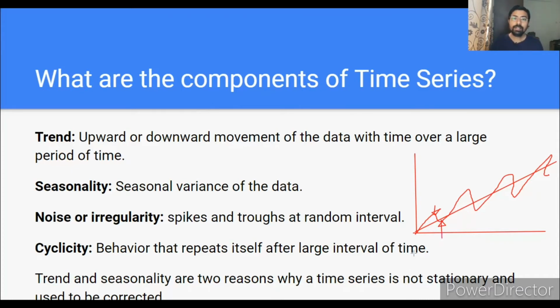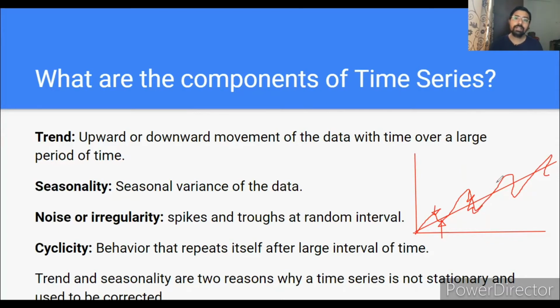This is called the seasonality in your data. And the third part is just noise or irregularity. There is nothing which can explain some behavior of the data, like if this curve has just a hiccup here, I don't know where this hiccup was created.